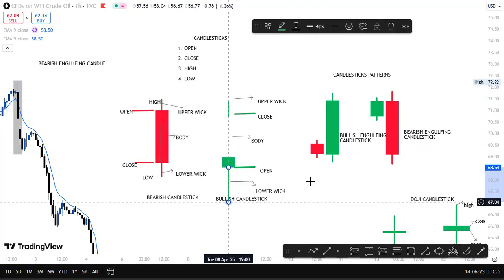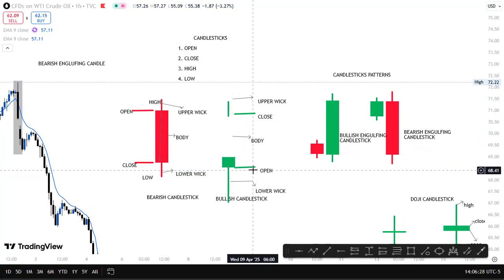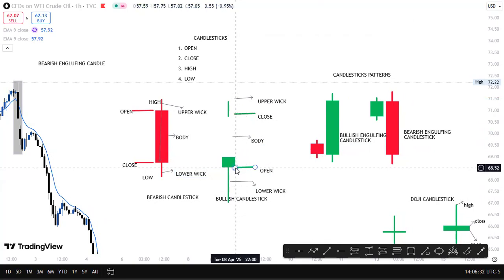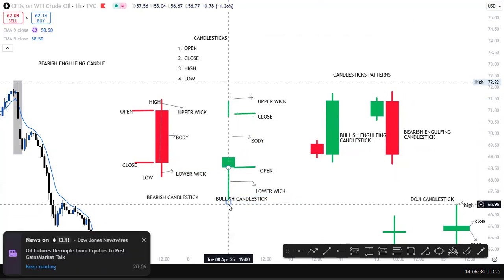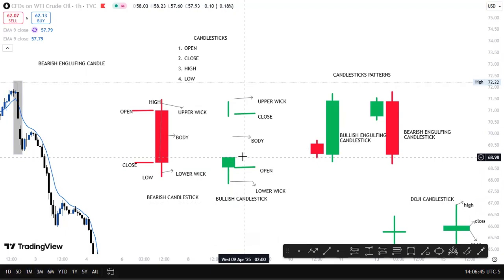Even if you see a candlestick that looks like this, it's still telling you the same thing: price opened at this point. When price opened here, sellers stepped into the market and pushed the price all the way down here, but they could not continue pushing it down. The buyers said no, this will not happen. They pushed the price all the way to the top here, and then we close at this point because this is a bullish candle. We are closing above the open. Same thing with a bearish candle: we are closing below the open.